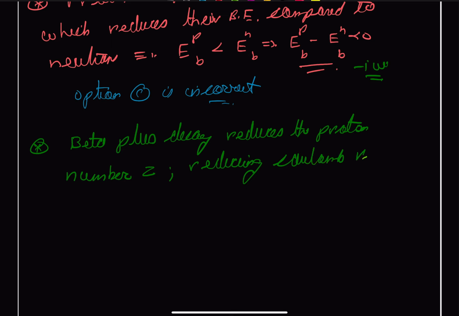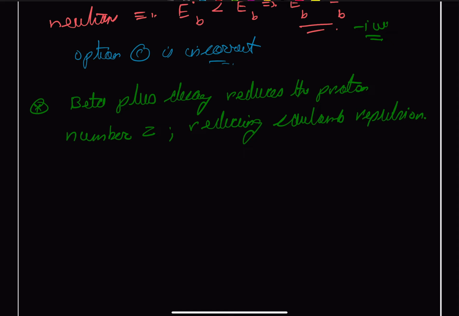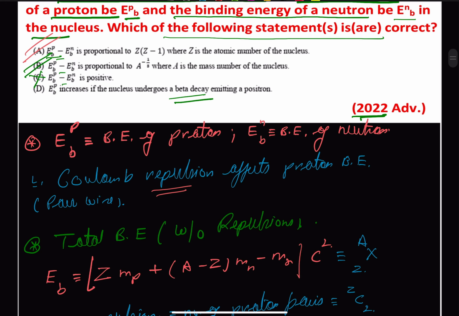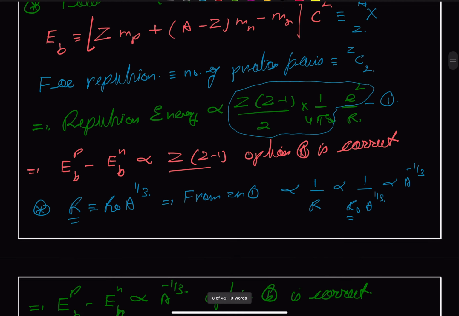So there will be less repulsion, and because of this we can say high proton binding energy. So therefore our option D is correct.